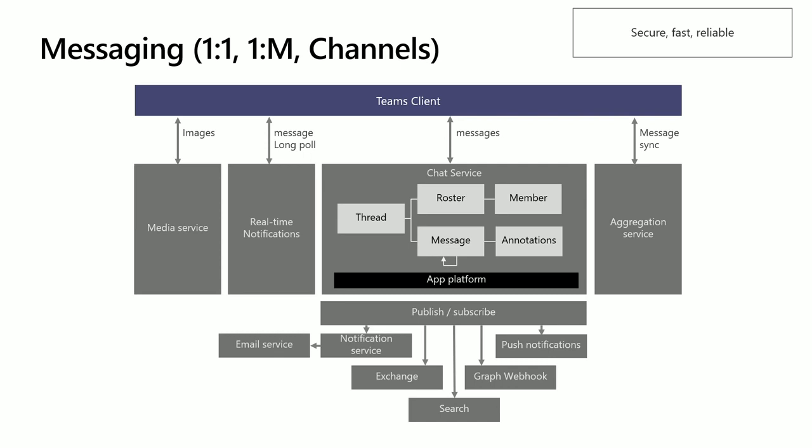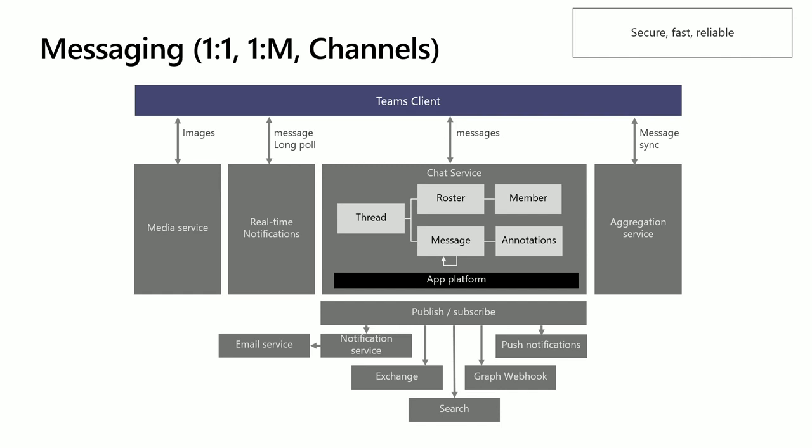There's the message thread, and a thread is not really the same thing as it is in Outlook. In Outlook, you think of it as a series of messages. Well, in Teams, a chat, even if it's only a single message, is a thread. Or rather, the chat itself is a thread, and every message is a message.